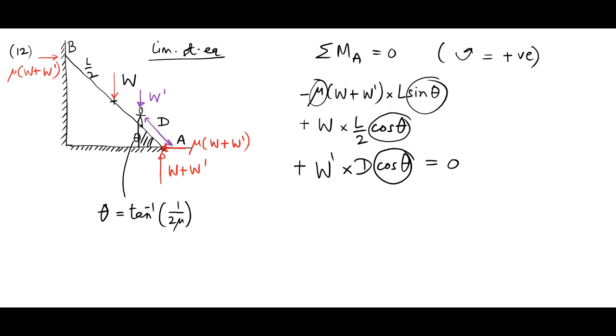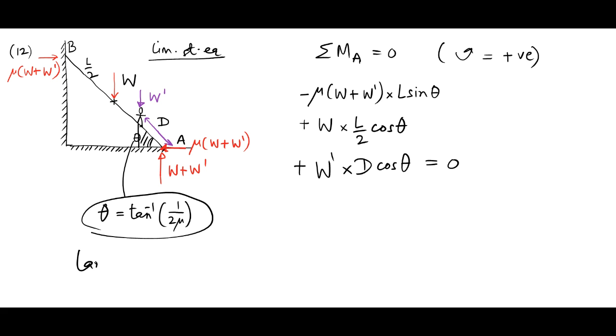So what I can do is convert mu into theta. It's quite easy to do that. You just modify this particular equation by taking the tan on both sides. You get tan of theta is equal to, now tan of tan inverse of 1 upon 2 mu, you just think over it, it turns out to be 1 upon 2 mu.